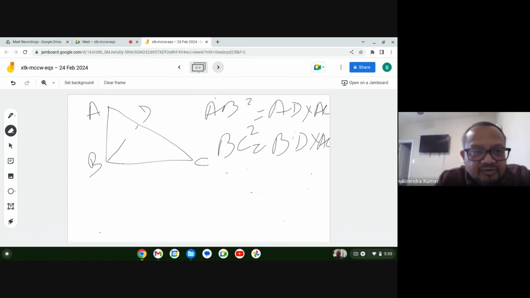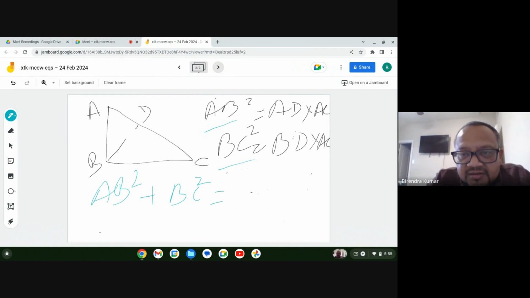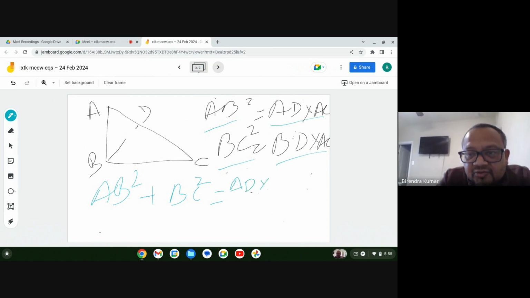Now if I want to add these two equations, meaning AB square plus BC square, what will be the value of that? It will be AD into AC plus BD into AC. I just added them. AB square is this, BC square is this.